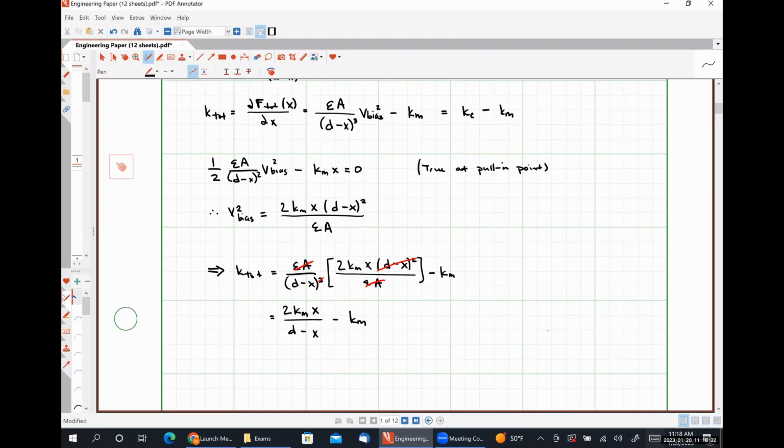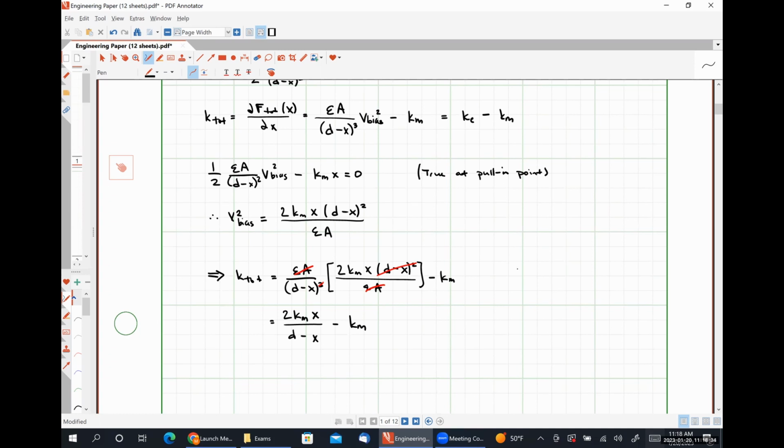So what I'm going to do over here on the right hand side is effectively just plot this relationship. So we're going to have x over d as a ratio on our x-axis and our total spring constant over our mechanical spring constant as a ratio on the y-axis.